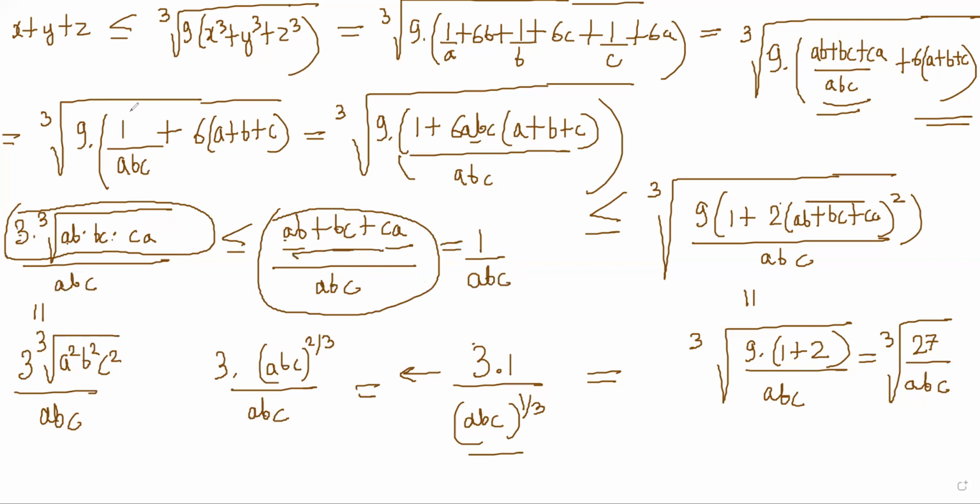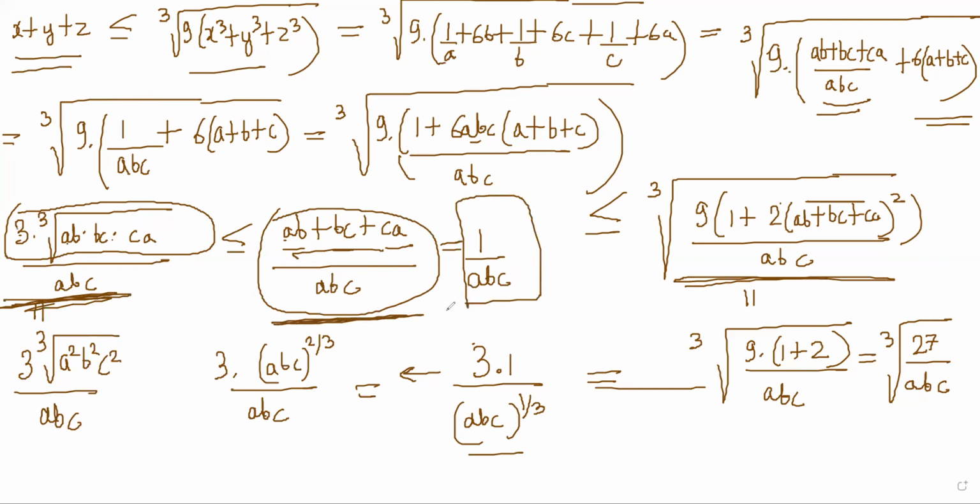So what I have proved is x plus y plus z is less than or equal to this, which is less than or equal to this, which is equal to this, which is less than or equal to 1 by ABC, right? Finally, you have gotten the chain of inequalities that establishes the problem. Follow the chain carefully.